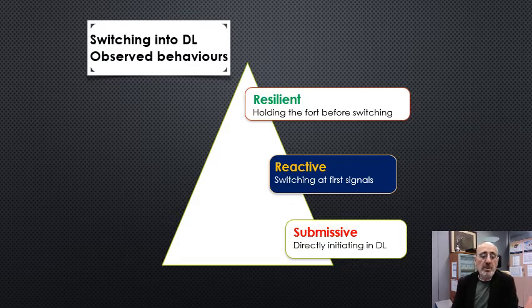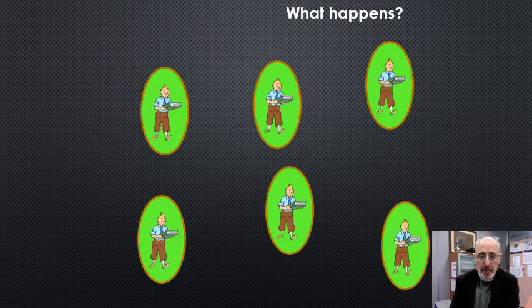And then we've got resilient speakers, which are the ones that tend to use the language and even resist switching into the dominant language. That one is not a very frequent behavior among minoritized language speakers, and of course it depends on the language. It's easier to find this behavior in languages with a high intercomprehensibility with the dominant language, for example.